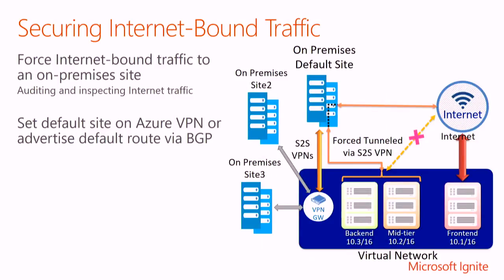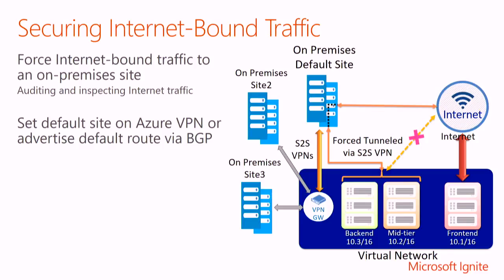Other things like gateway devices help you connect to your on-premises through either site-to-site VPN or ExpressRoute. I'm rushing through these things. And then another commonly asked question is, hey, I don't want any of the VMs in my VNet to go to the internet directly, right? So the way to do that is, if you have connectivity through ExpressRoute or through a site-to-site gateway, from your on-prem you can advertise a default route into your VNet.